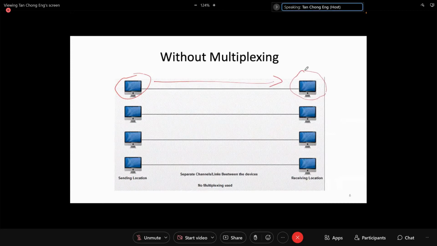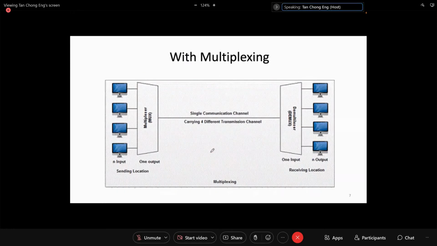So this is without multiplexing. You are going to have 1 link, 2 links, 3, and 4 links here, all together. It is actually a waste of resources, a waste of transmission media. With multiplexing, you employ a multiplexer and a demultiplexer at the other end. So you're just running on a single link. 4 users, 1 single link. So everyone is happy.